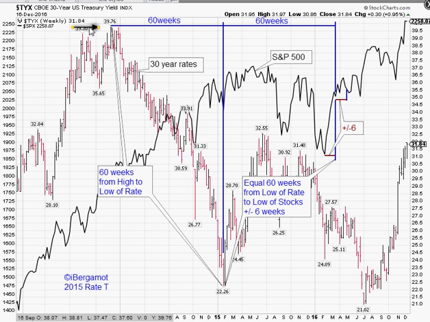As you can see, the interest rates on the 30-year bonds fell from the high of 3.97% back at the end of 2013, and it fell for over a year to a low in 2015 at 2.22%, at which point it rallied. So the center post for this time symmetry will be right here in the beginning of 2015.